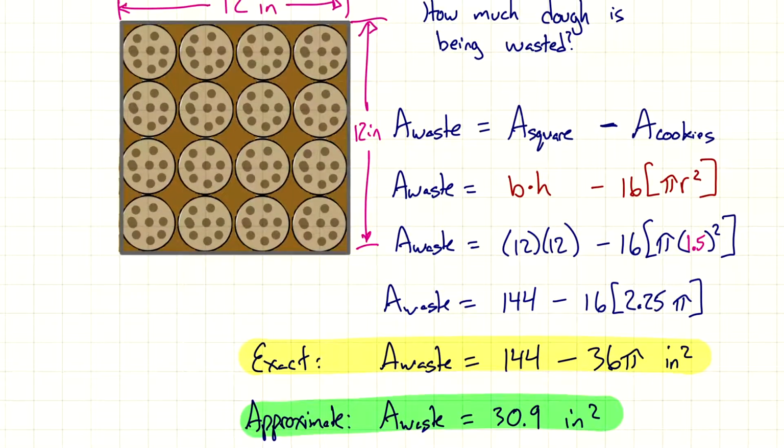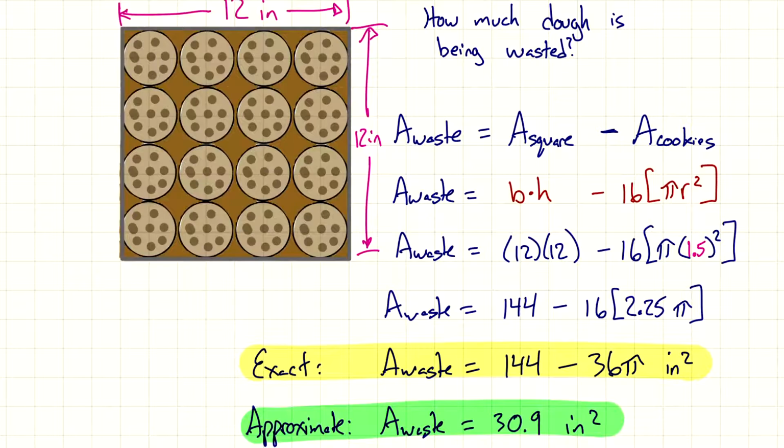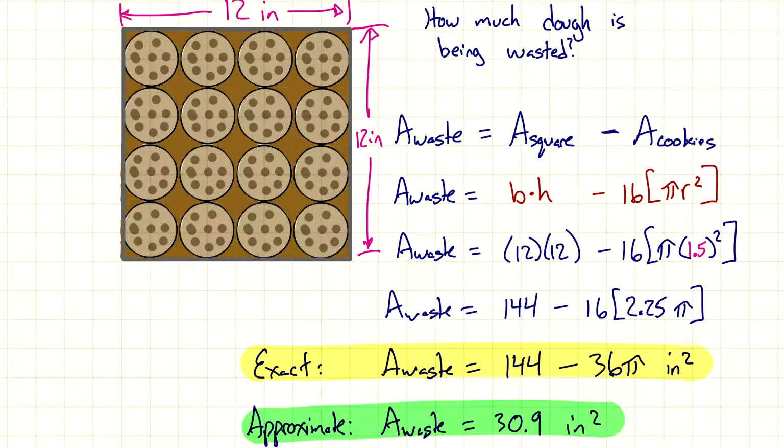So the question is, if we change the size of the cookies, can we fit more cookies in, smaller cookies, and not waste as much dough? Or should we make the cookies bigger and fit fewer cookies, and will that give us less waste?